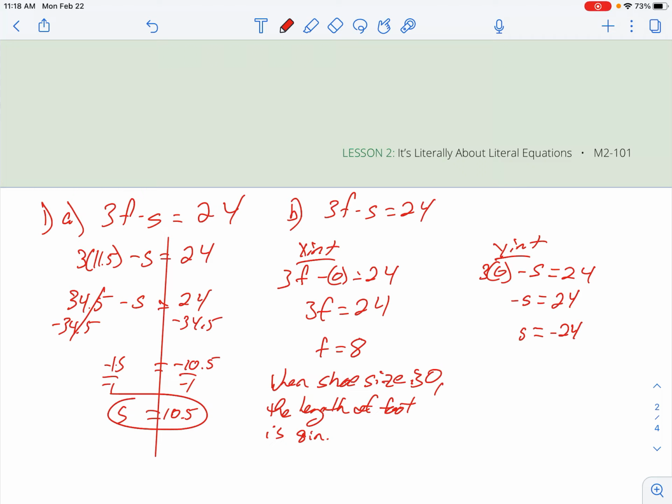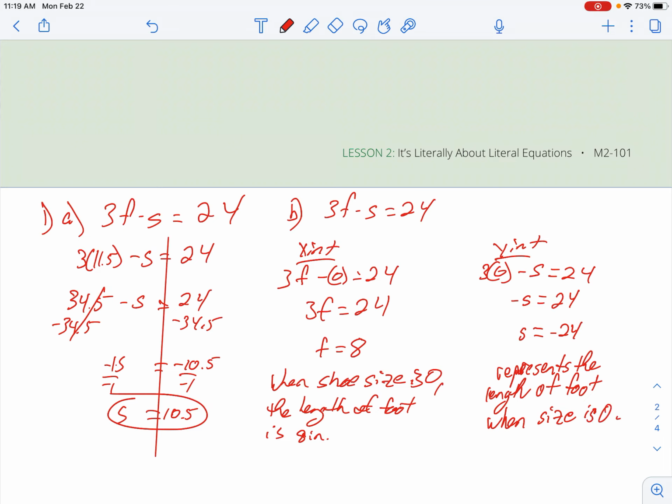On the other one, the negative 24 represents the shoe size when the length of the foot is 0. This one looks a little weird, so it represents the length of foot when size is 0.